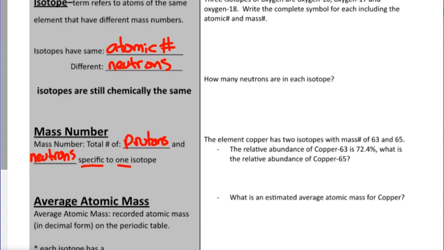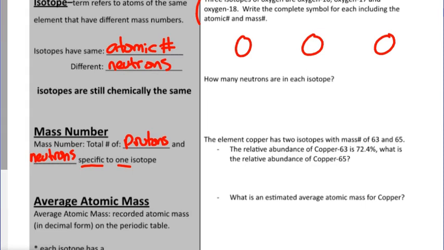All right. So if we practice writing out different isotopes, like in the example problem over here to the right, it says that there are three isotopes of oxygen, oxygen-16, oxygen-17, and oxygen-18. And if we were to sketch out each isotope, we would start by drawing the element shorthand, the symbol O, to represent oxygen.